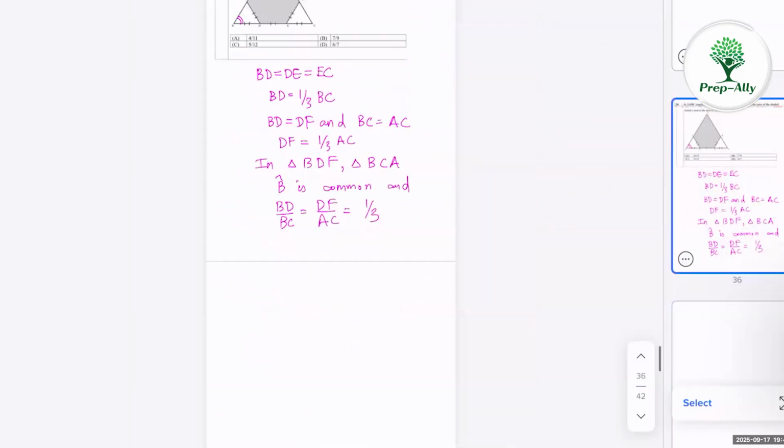So triangle BDF is similar to triangle BCA.